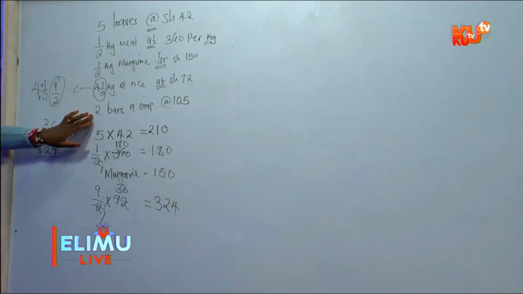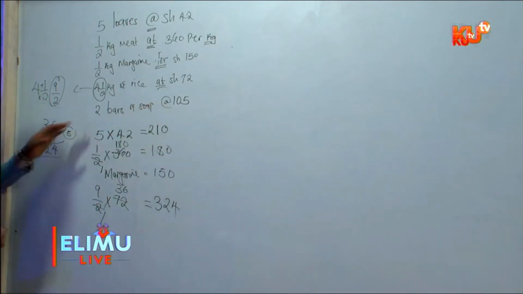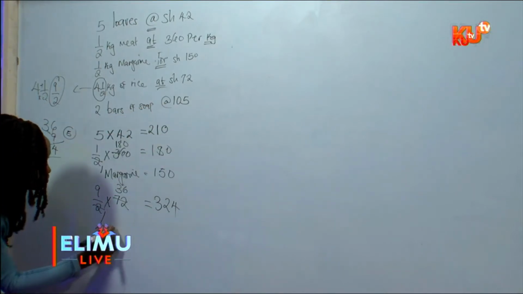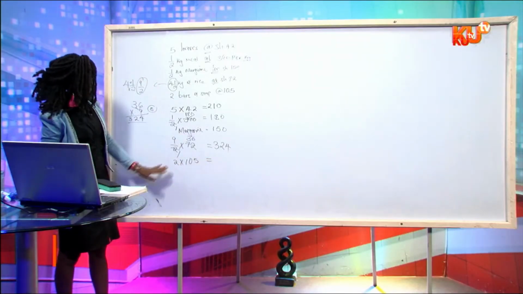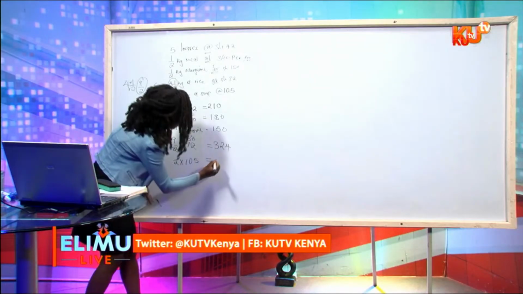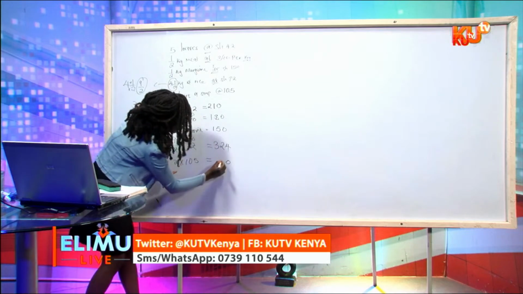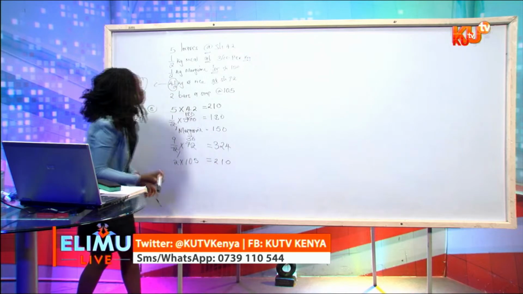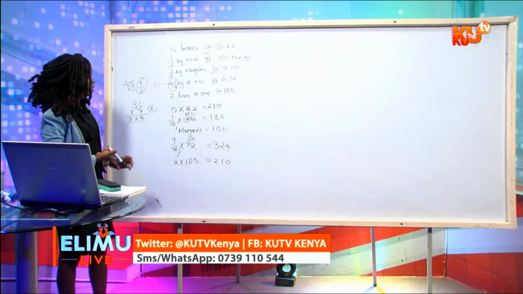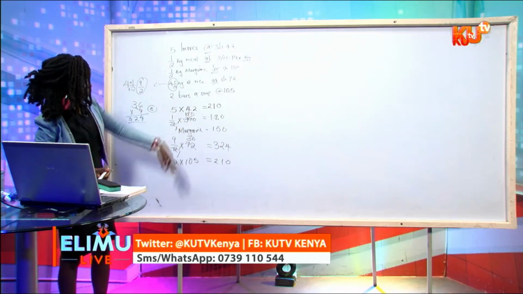Then we have 2 bars of soap at 105. 105 times 2: 2 times 5 is 10, write 0, carry 1, then 2. We get 210. Then from there we add to get the total cost of those items.